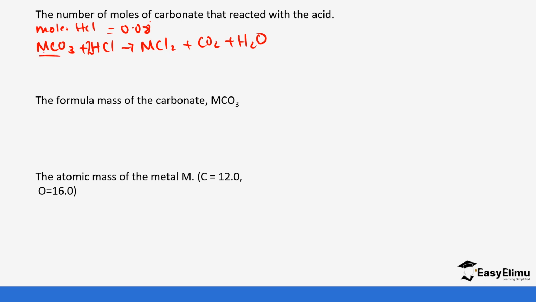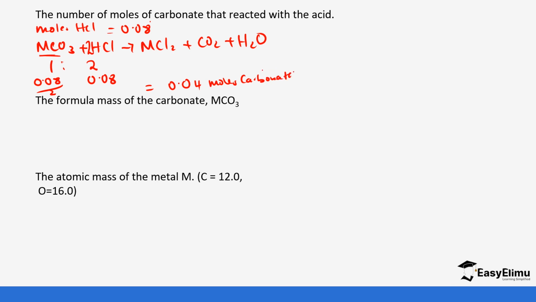You see carbonate has a valency of 2, so if it combines with M and the valencies cancel, it means the valency of M is 2. So the mole ratio is going to be 1:2. We already have the moles of the acid, which is 0.08. So the moles of the carbonate is going to be 0.08 divided by 2, which gives us 0.04. These are the moles of the carbonate now that reacted with the acid.